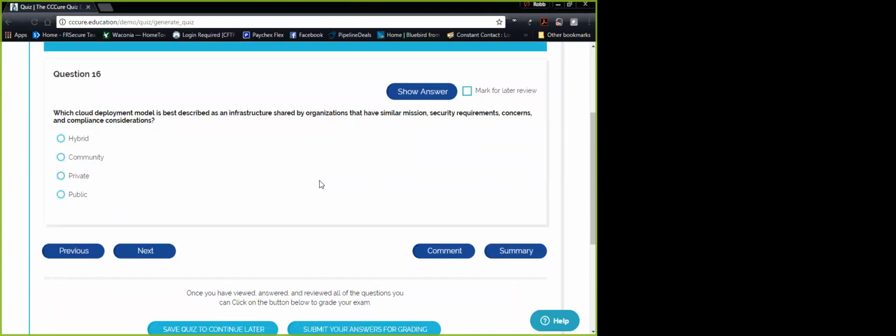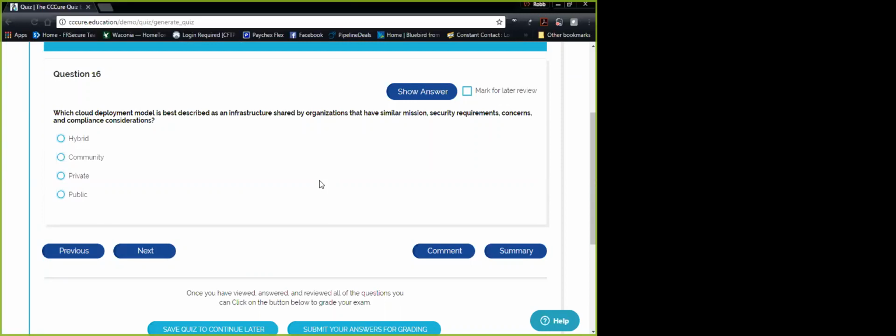Which cloud deployment model is best described as an infrastructure shared by organizations that have similar mission, security requirements, concerns, and compliance considerations? Hybrid, community, private, or public? Well, we know it's not private or public. So it's either going to be community or hybrid, right? Shared is public, isn't it?